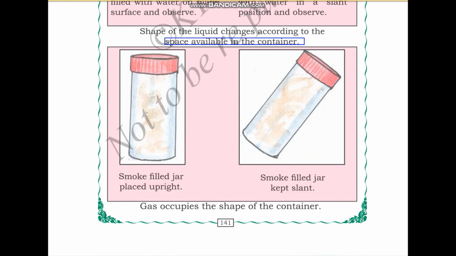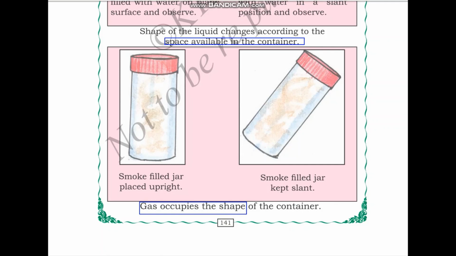Now, let us see what happens in case of gases. So if you take the same smoke-filled container and then keep it slant, you can observe that the gas will spread again to occupy the entire shape of the container. Okay, so gases occupy the shape of the container.